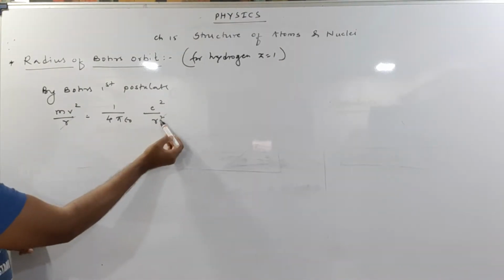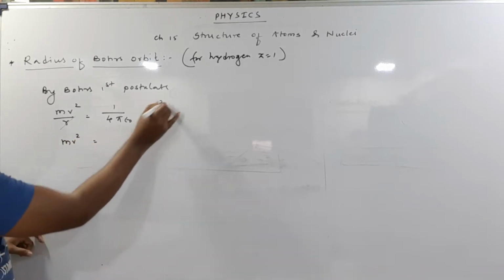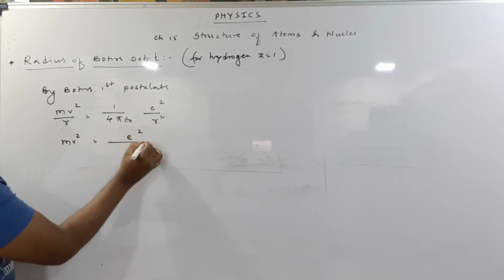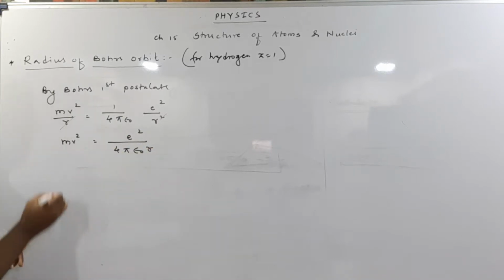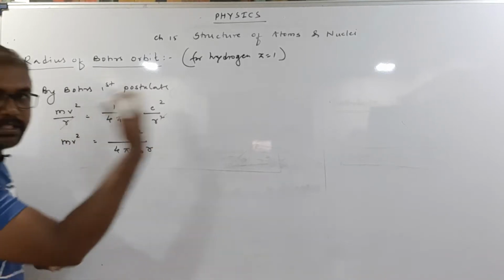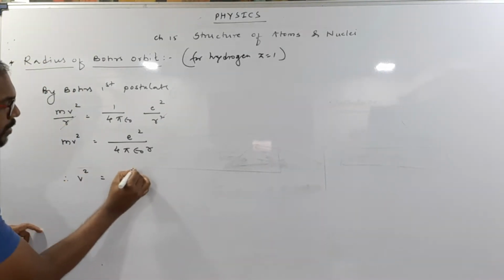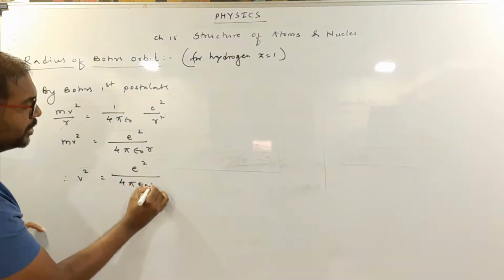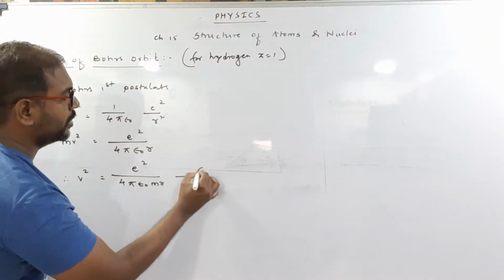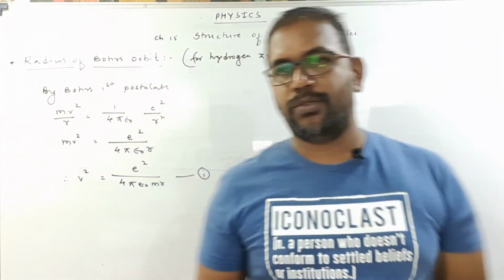This r and one r from r square get cancelled. So we get m v square is equal to e square divided by 4 pi epsilon 0 r. Now I can write v square by transferring m to this side. Hence v square is equal to e square divided by 4 pi epsilon 0 m r, equation number 1. Now this is velocity square by Bohr's first postulate.